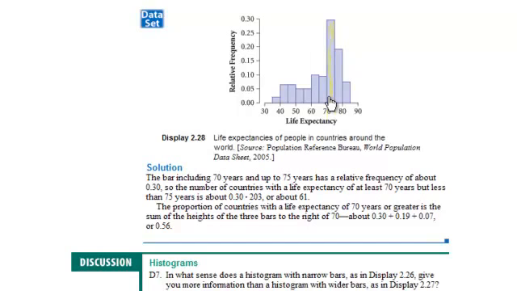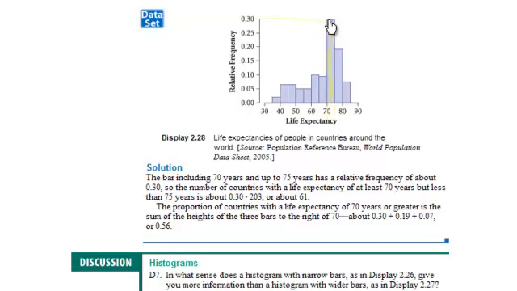So I'm thinking it's going to go pretty much right to the 0.3. Okay? And so what we would say is 30% of the countries here have a life expectancy between 70 and 75. Now, the question didn't say what percentage or what proportion, okay? They want to know how many countries for this first question that is.